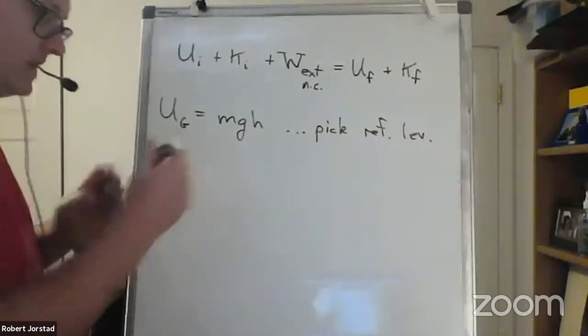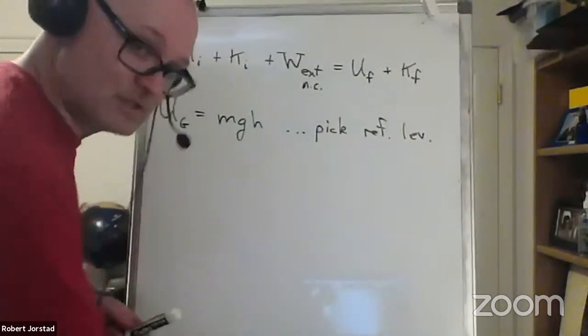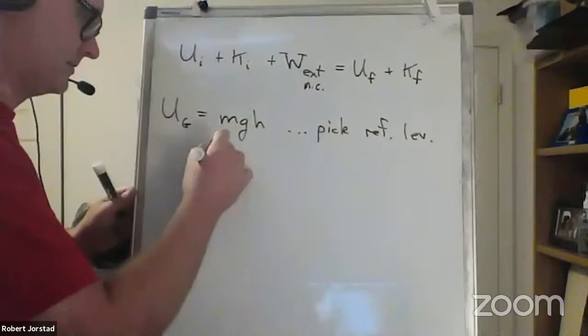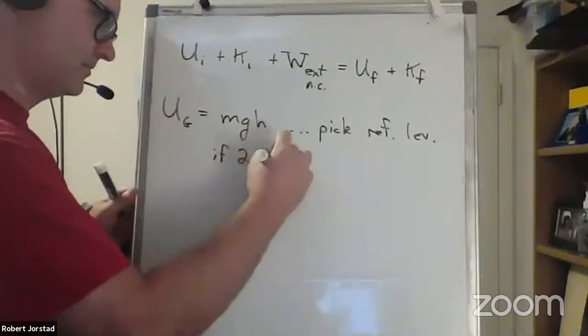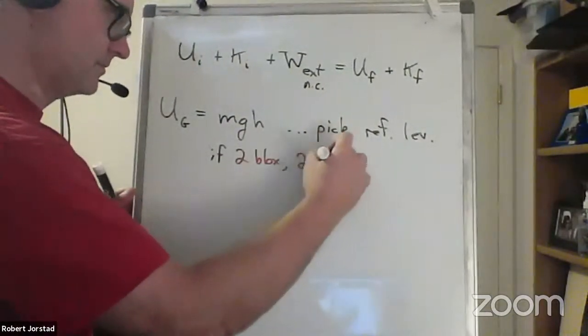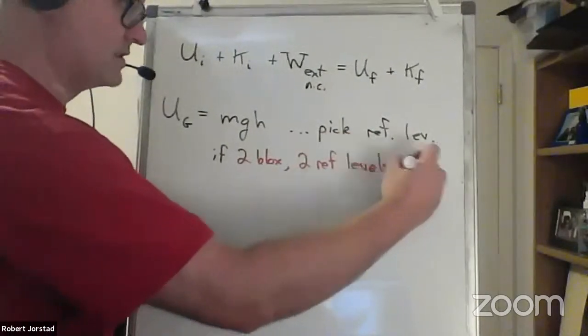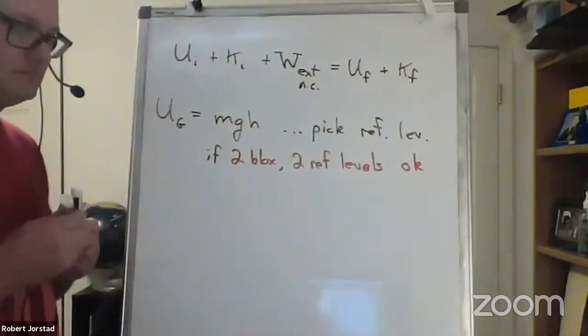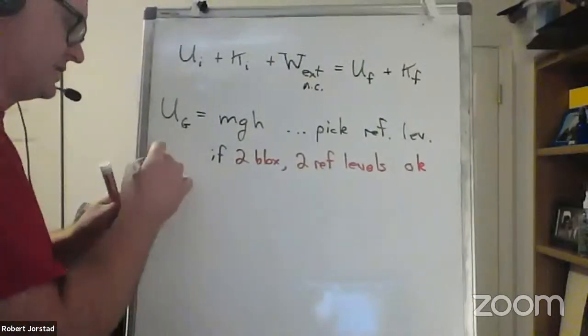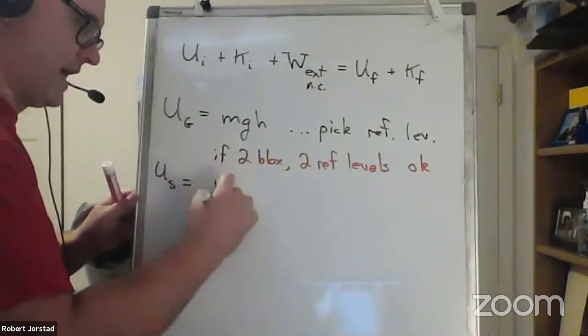And then we saw if 2 blocks, you could pick 2 reference levels, etc. We said 2 reference levels was okay. All right. We saw that our energy from the spring is 1/2 kx squared.